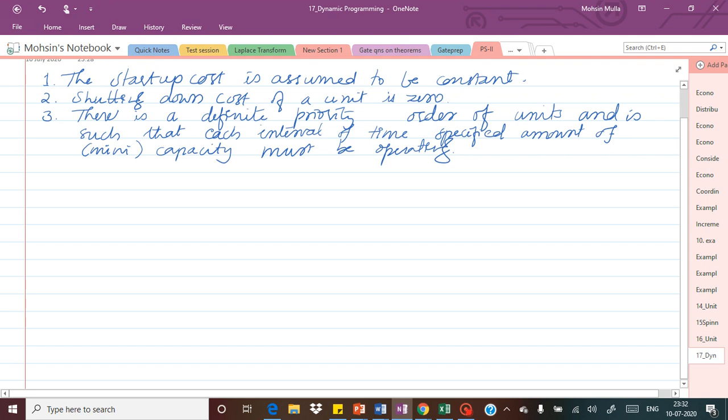So these three conditions are required before we proceed to the dynamic programming concept.